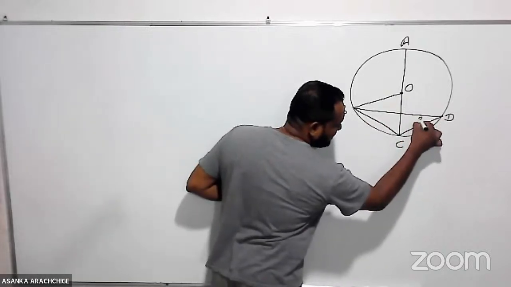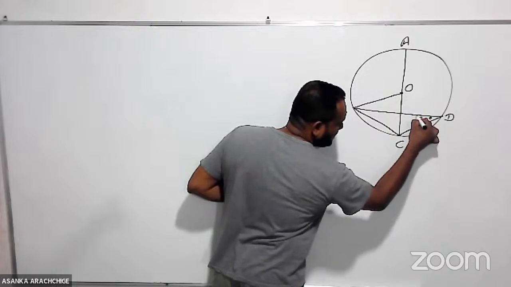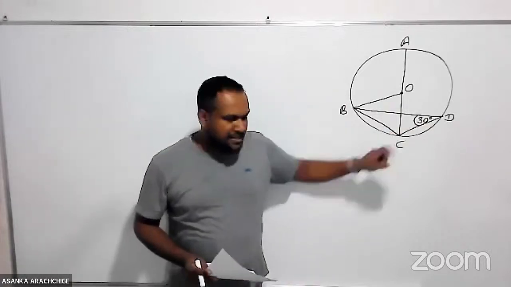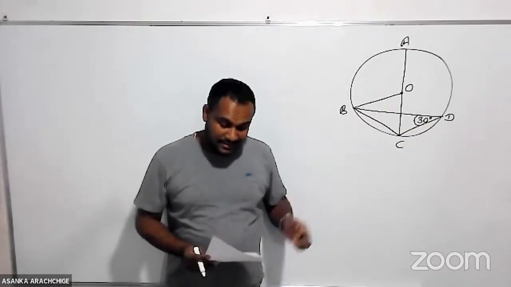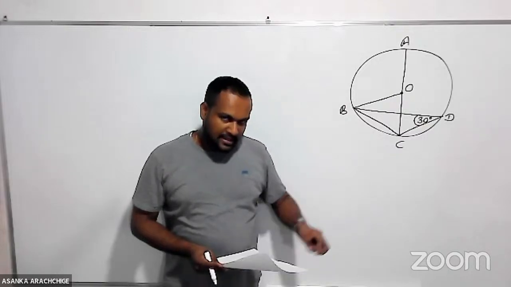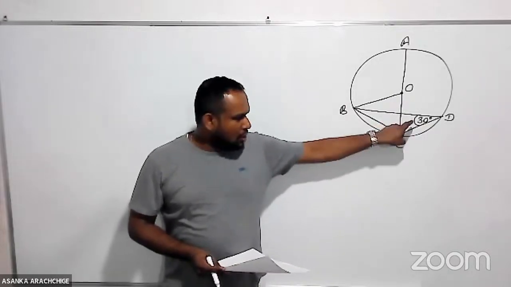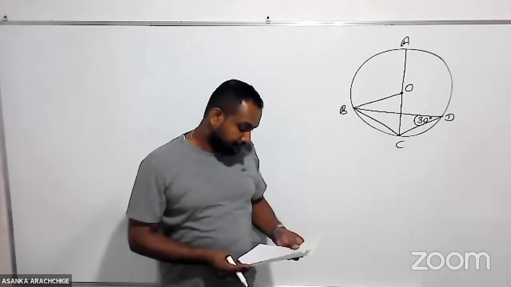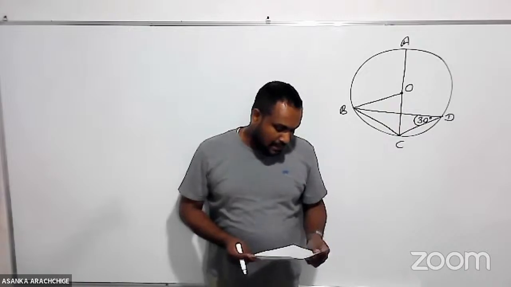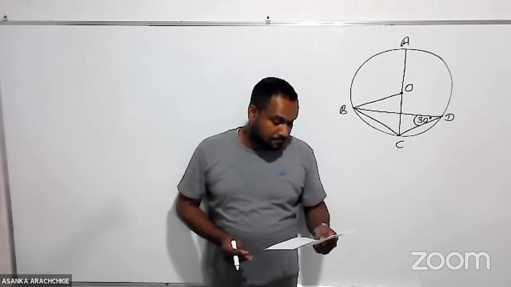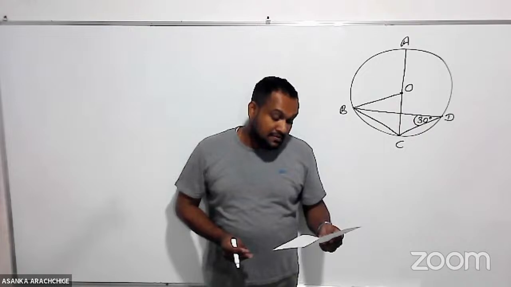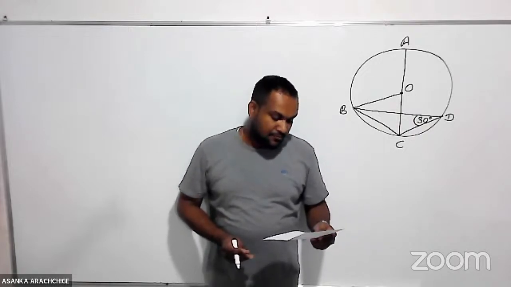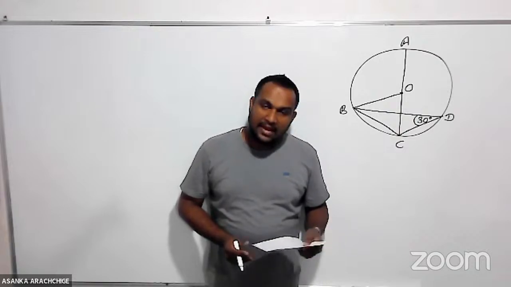This is the only numerical data in the sum, though there are more data. This is what is asked first. Using all the given data, name a right angle triangle. Find the magnitude of angle BOC.